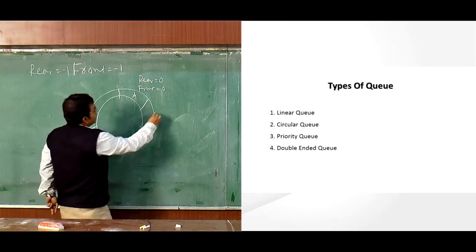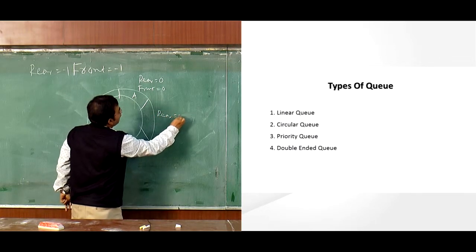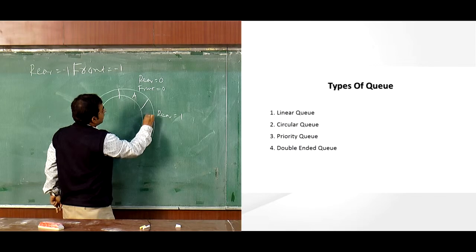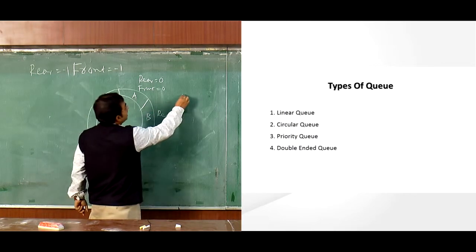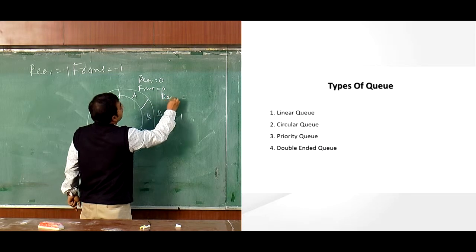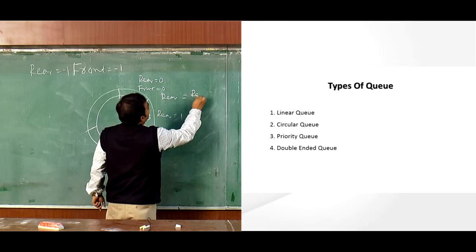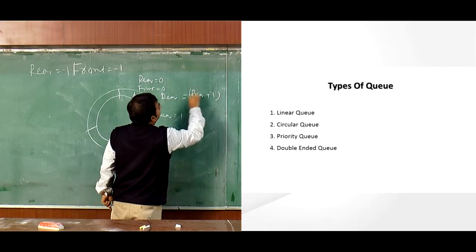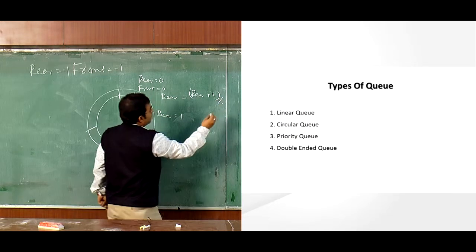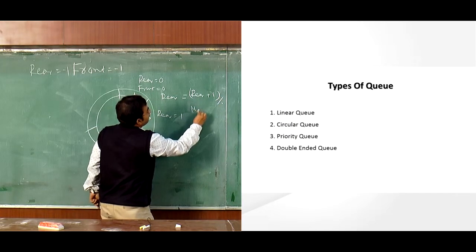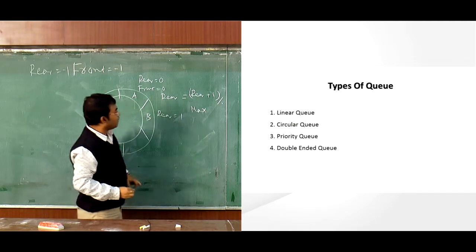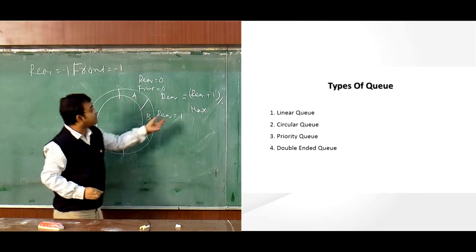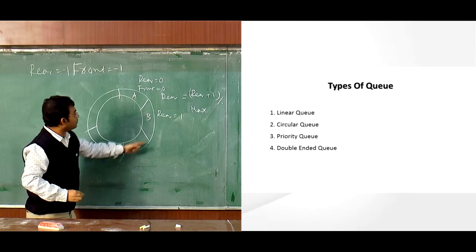Then we increment rear to 1 and insert B, but how is it incremented? The incrementing pattern is: rear equals (rear plus 1) mod max, where max is the maximum size of the queue.